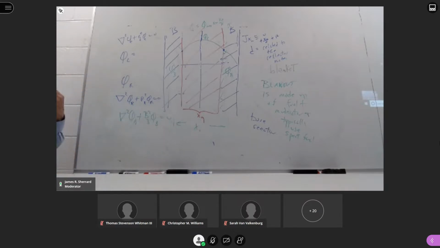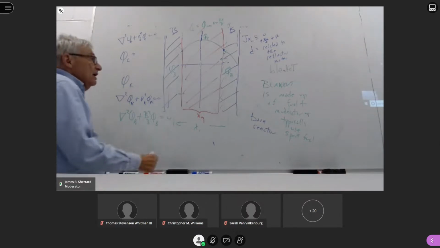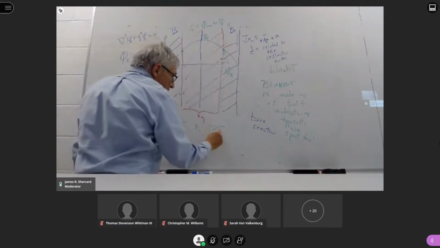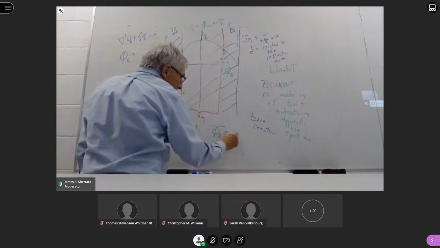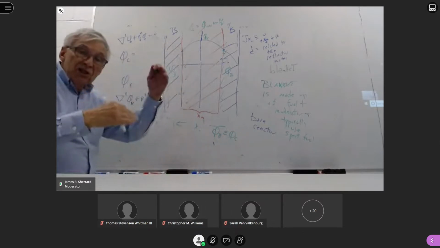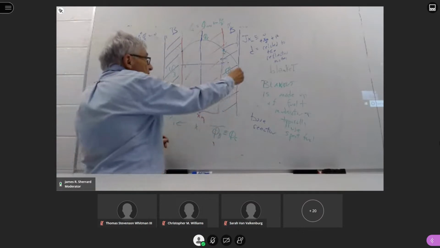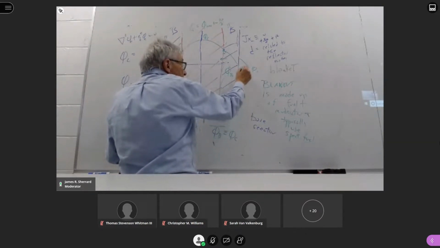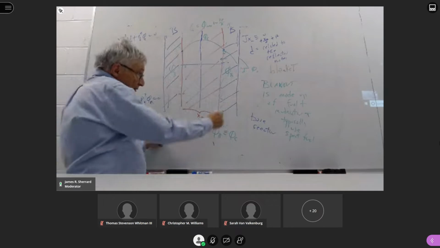Again, the general diffusion equation still holds. We know that at the intersection point here, the flux in the blanket has to exactly equal the flux in the core because you can't have a discontinuity. If we follow this, it's going to go out here where the flux goes to 0. It's going to have a little d.